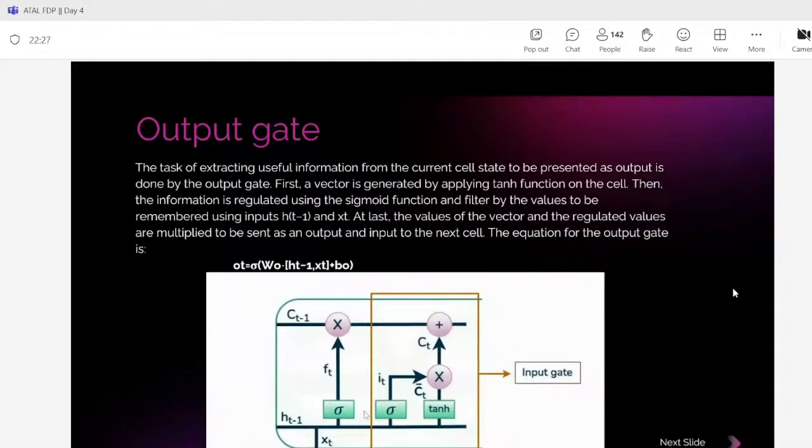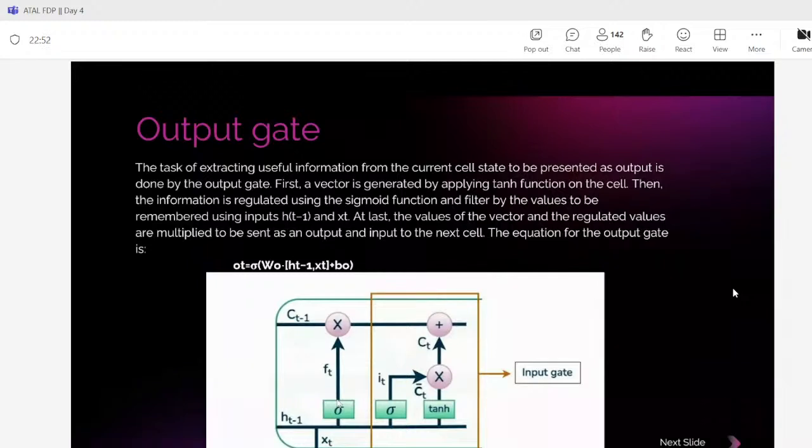Okay, the sigmoid function is responsible for regulating the information, and again it is filtered by the values to be remembered using the inputs h of t minus 1, that is the previous state, and the current state xt. At last, these values of the vector and the regulated values are multiplied to be sent as the output and input to the next cell. Okay, so concurrently they'll be sent to the next cell.